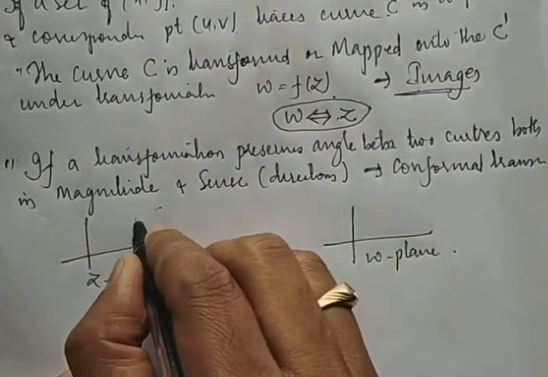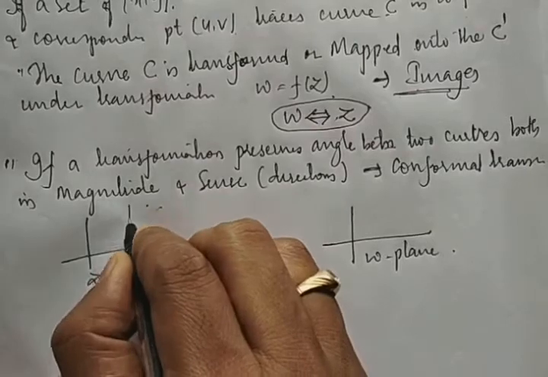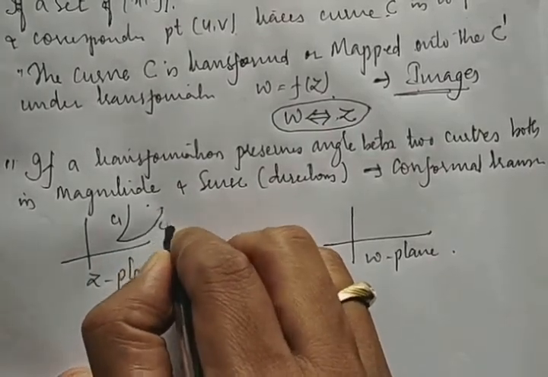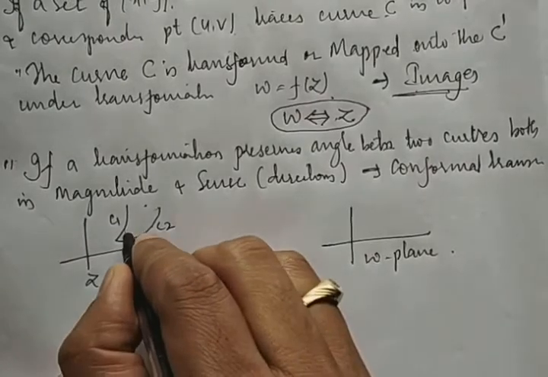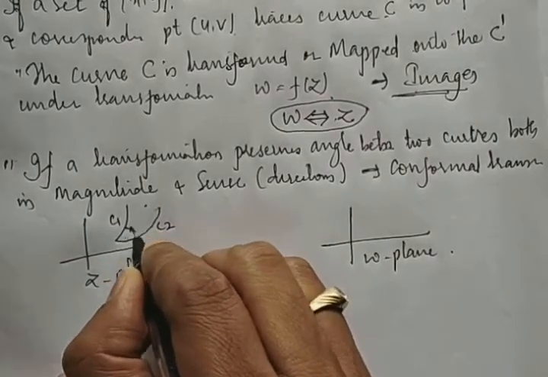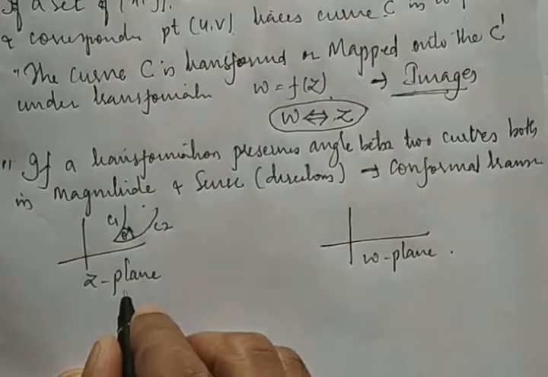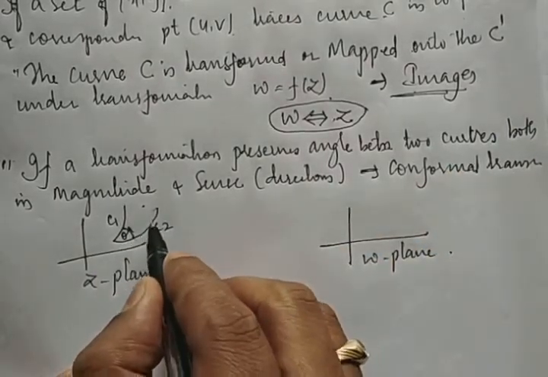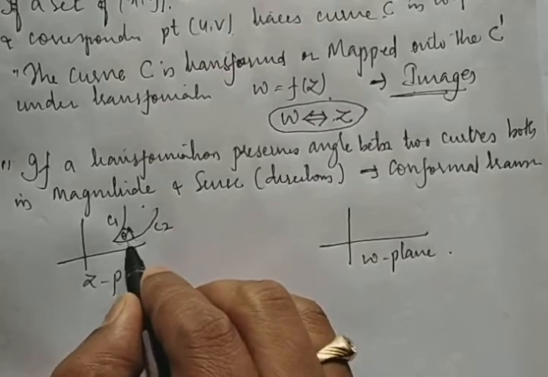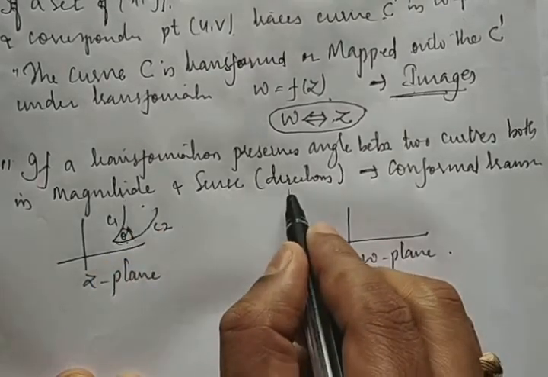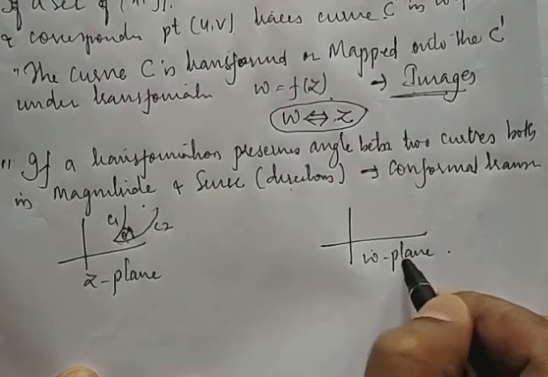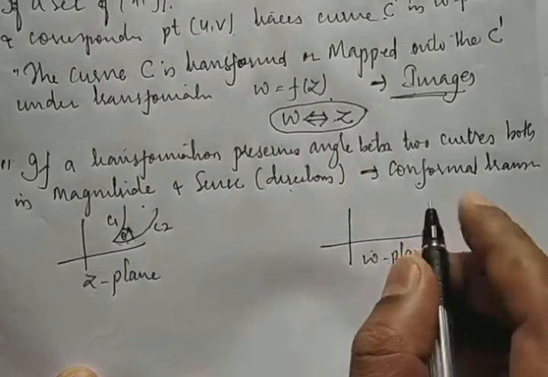Assume here I draw two curves, called C1 and C2. Then in this direction we get a theta, which is called the angle between the two curves. Here we see the angle between the two curves with respect to magnitude and direction. It must be the same in the other plane, the omega plane. Then we can call it a conformal transformation.